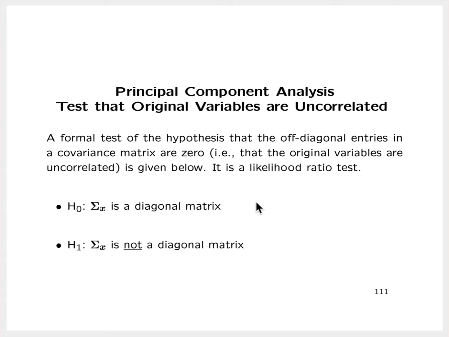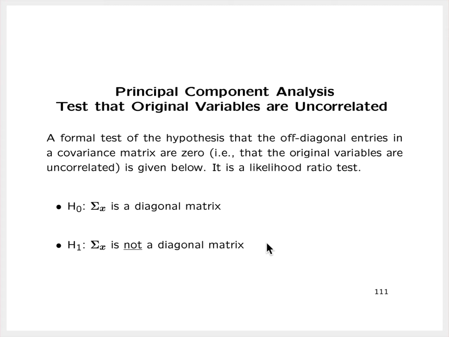So the null hypothesis can be specified in this way. The covariance matrix of the original variables is a diagonal matrix. That will be true if and only if all off-diagonal entries are zero, which is true if and only if all of the original variables are pairwise uncorrelated. The opposite of that goes in the alternative, and that says that the covariance matrix is not a diagonal matrix.